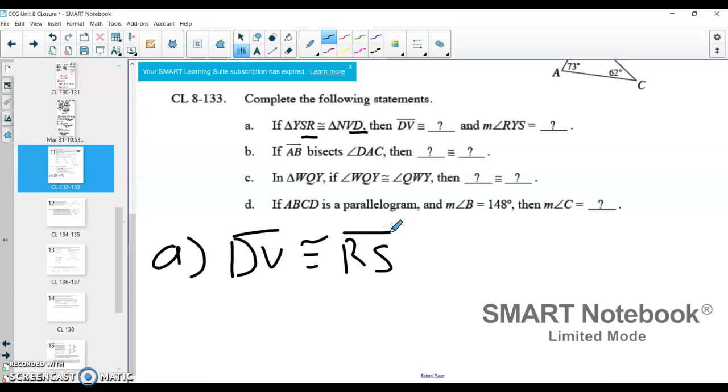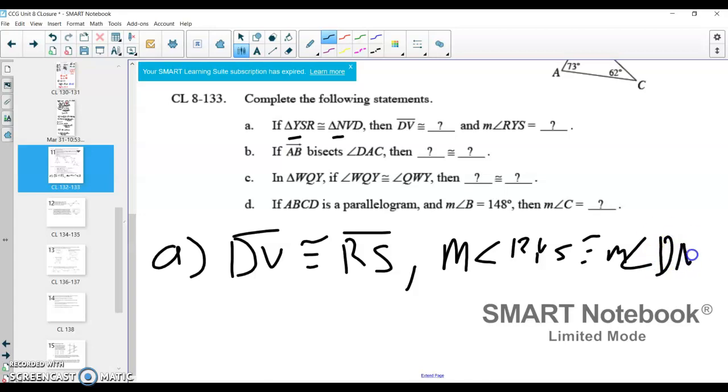Okay, it's also saying that measure angle RYS must be congruent, so that's angle Y must be congruent to angle N from that statement there, and they're writing it RYS, and so I'm going to write this one as measure angle RYS is congruent to, sorry for the messy handwriting again, measure angle, make sure I write this right, I believe it's going to be DNV.